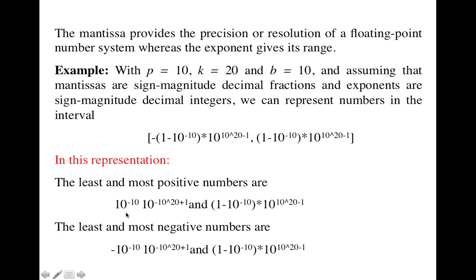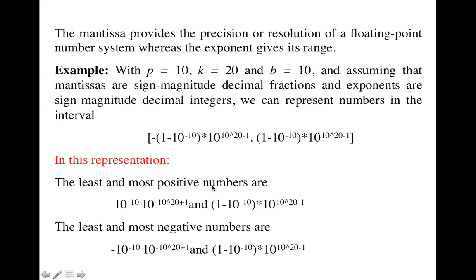Of course, that would be minimum when we made all the digits from the first place to the ninth place 0, and then the last one equal to 1, which will then give you 10 to the minus 10, with the sign being positive. And then the exponent itself will be just 1 minus 10 to the 20, or minus 10 to the 20 plus 1, which is basically this number in reverse, in negative terms.